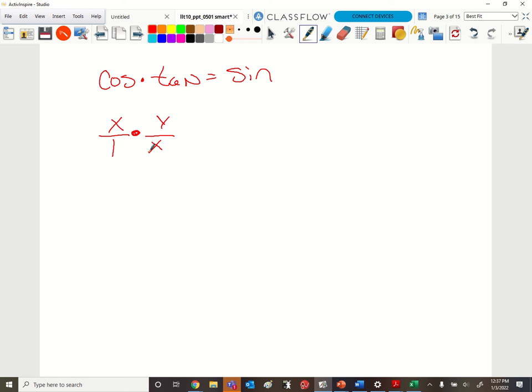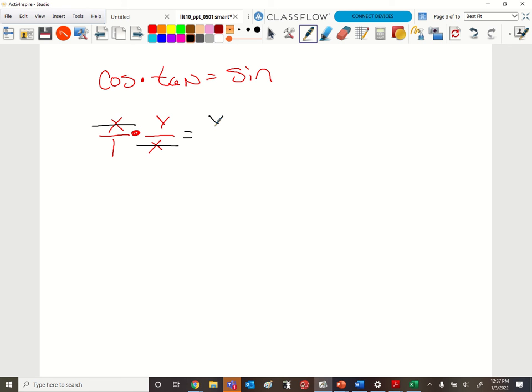Cancel the x's. Why am I canceling the x's? Very good. I have one on top and I have one on bottom, and there's multiplication happening here, right? So when I'm done, what's going to be left on top?